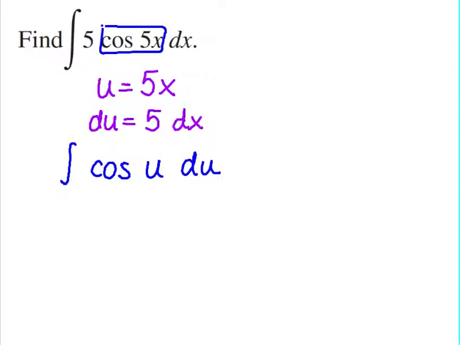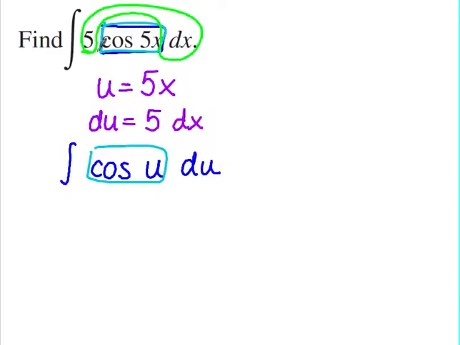Cosine of 5x corresponds to cosine of u. This and this correspond. Look at what else is left. So this is what's left, and that is symbolized by du. So really I've still got everything there.